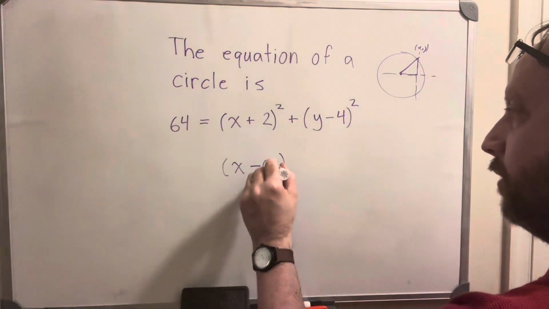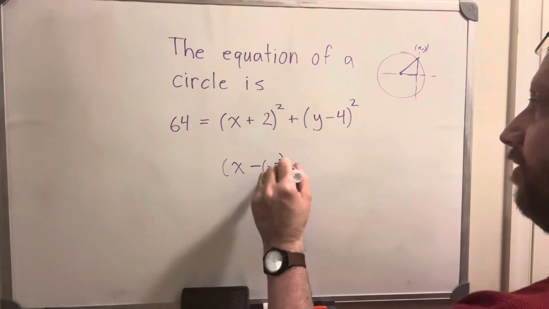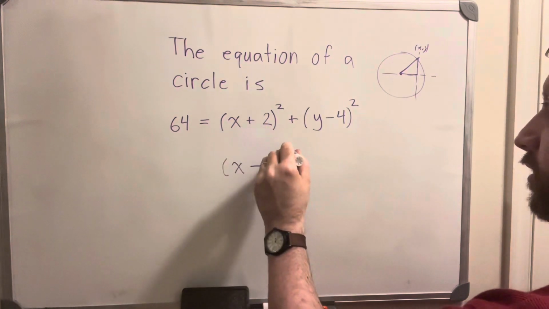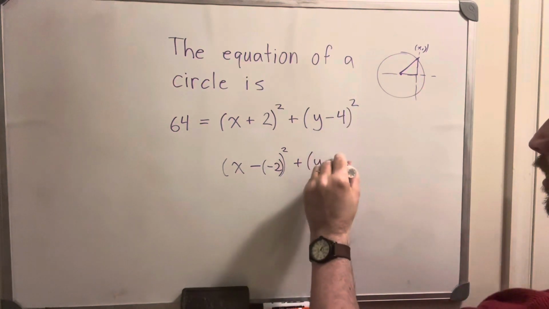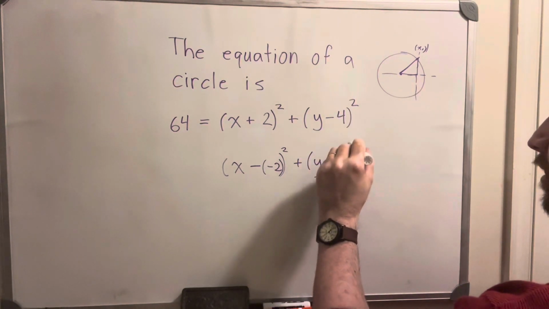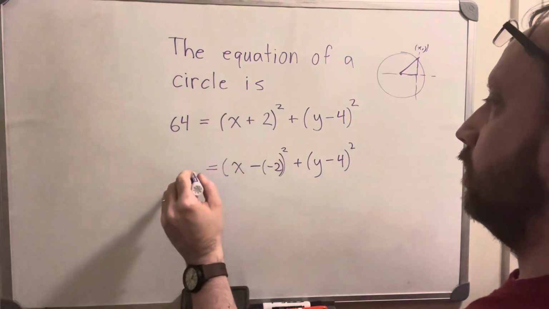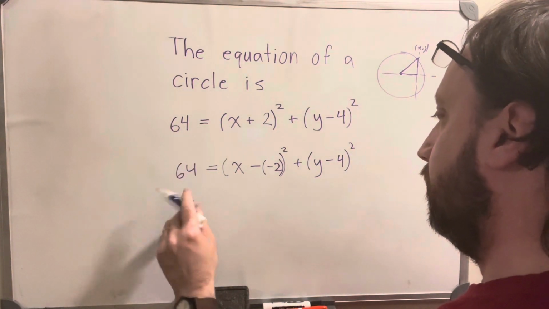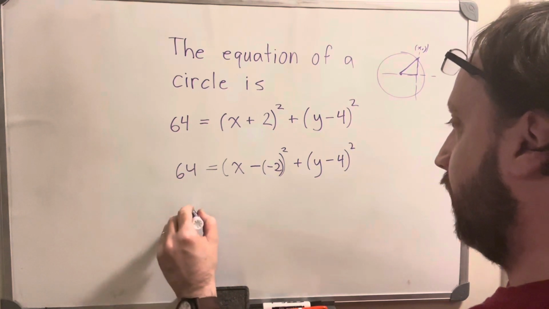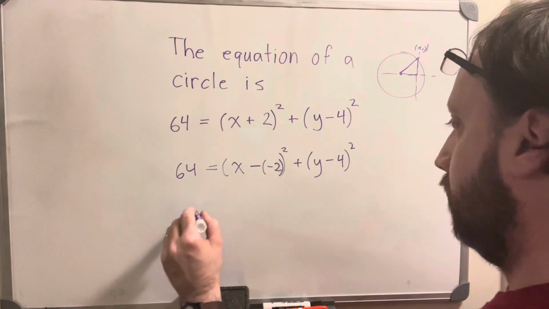Minus minus 2 is the same as x plus 2. And this is already in the form that we want it to be. I keep on writing D, but in this case of a circle, we want to call it r because radius, you know.